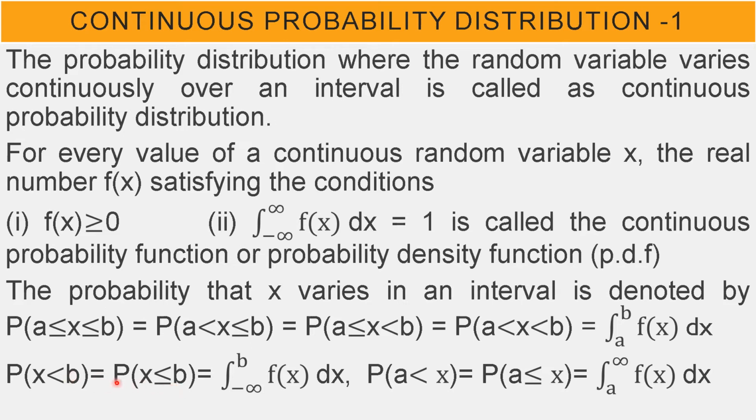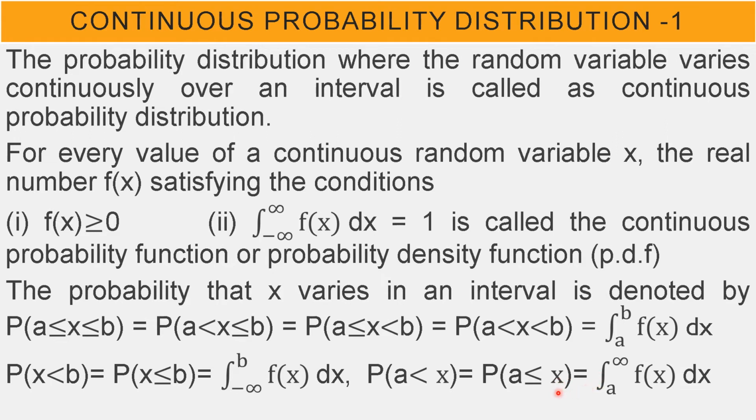Here the left end is not shown, so it is understood that X is greater than minus infinity. The probability that X is less than or equal to b is nothing but the integral of f(x) with respect to x from minus infinity to b, where f(x) is the probability density function of the continuous random variable X. Similarly, for the probability that X is greater than a or greater than or equal to a, the right end of the interval is not shown, so it is understood that X is less than plus infinity.